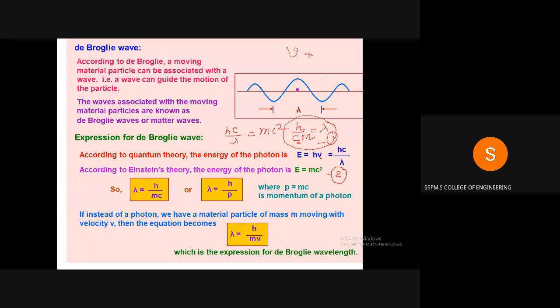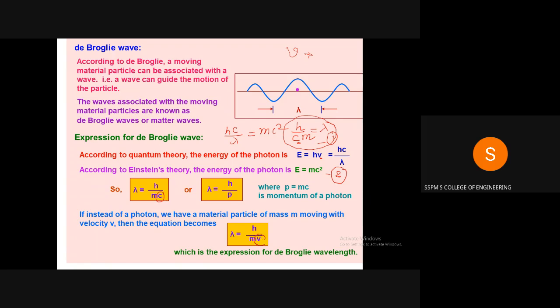So this expression comes as lambda equals, though it is h by mc, we are replacing c by v.